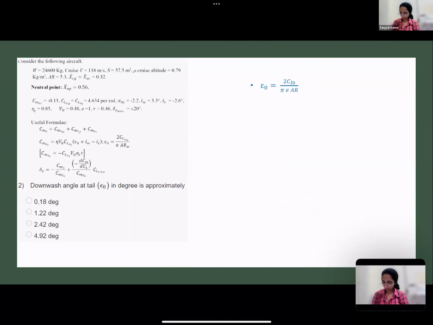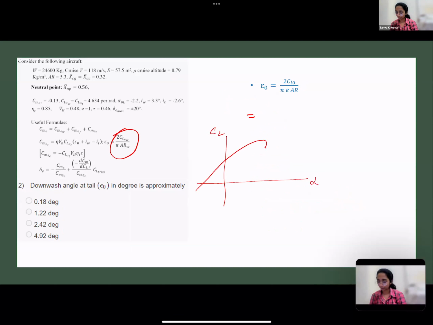The next question was: calculate the downwash angle at tail in degrees. Okay, downwash angle at tail. The formula is given, and they've given you alpha at zero lift.